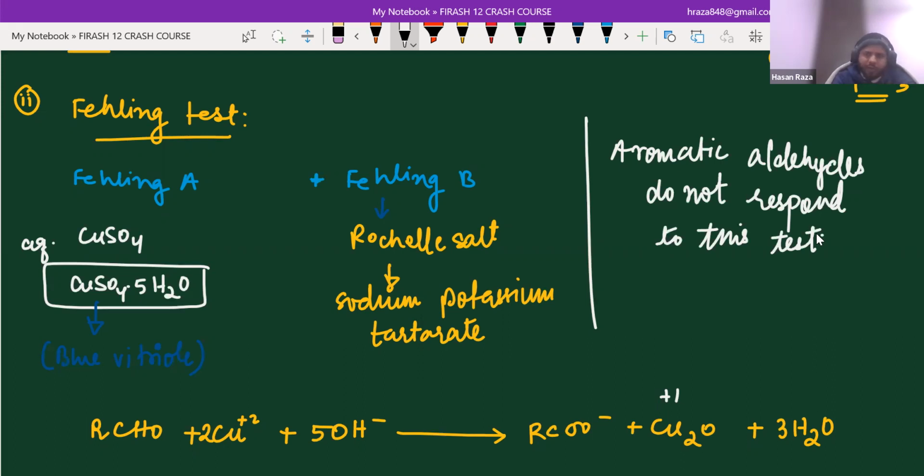So we can also distinguish between aromatic and non-aromatic aldehydes. Please do write it.